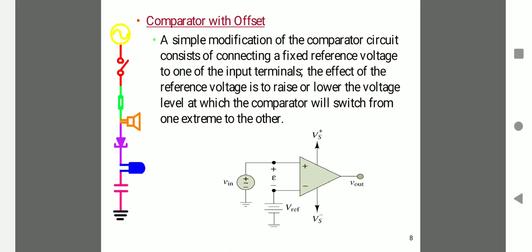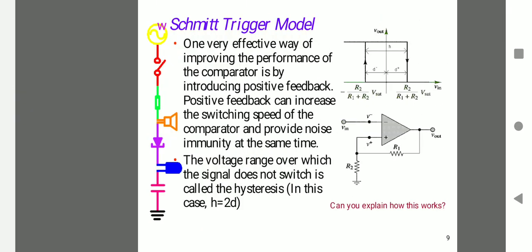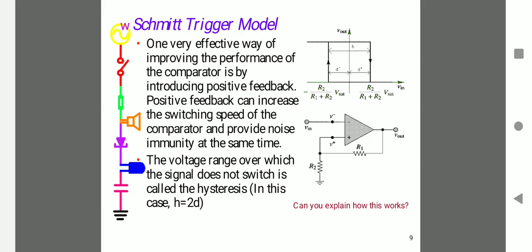So there will be a rise or fall in the voltage levels that will switch from one extreme to the other. One effective way of improving the performance of this comparator is to introduce positive feedback, which will increase the switching speed of the comparator and provide noise immunity at the same time.